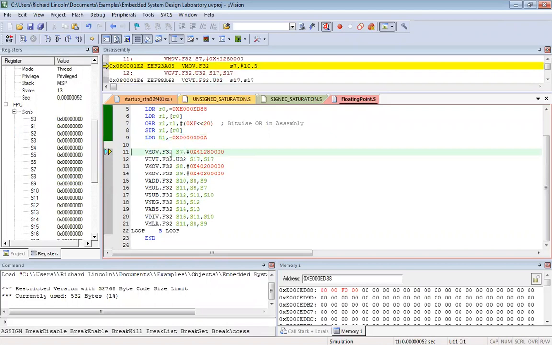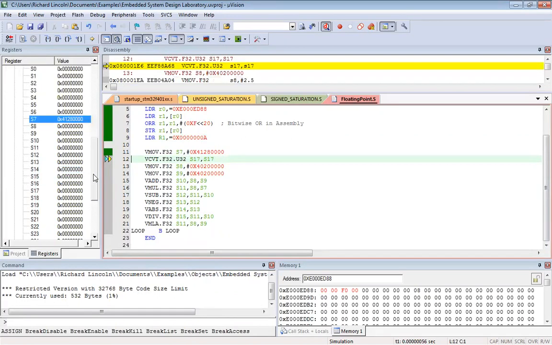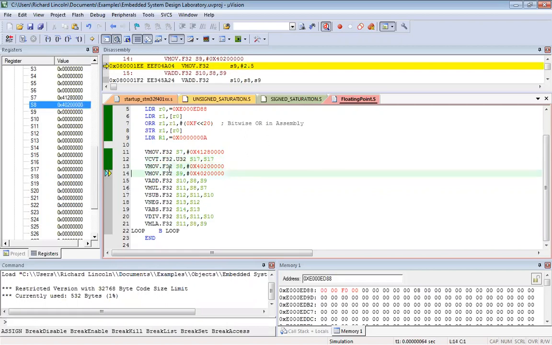So we're going to move this value to S7, and similarly we are trying to do a conversion from an unsigned value to floating point between S17 and S17. And to S8 we will just move one value, and to S9 another value.